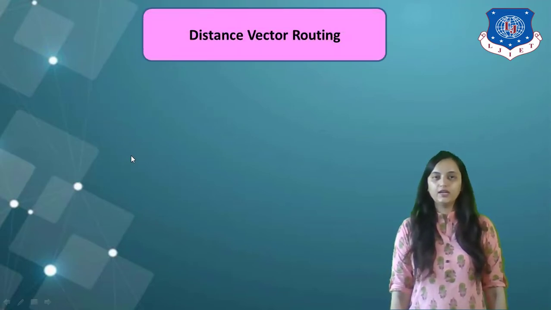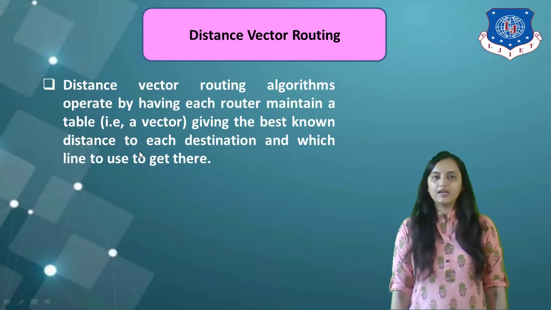The first one is distance vector routing. Distance vector routing algorithms operate by having each router maintain a table, called the vector, which gives the best known distance to each destination and which line to use to get there. So in distance vector routing, there is a table maintained in which every router or node record is kept.